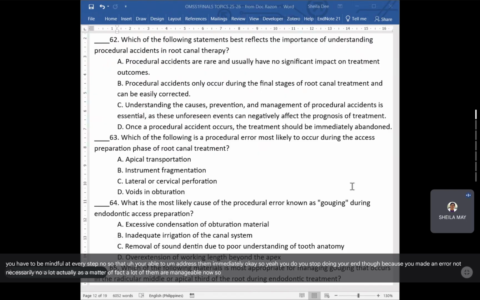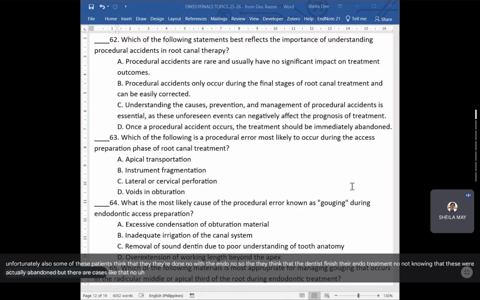As a matter of fact, a lot of them are manageable. So it's really quite saddening to see obviously abandoned endo cases. Unfortunately, some of these patients think that they're done with the endo, that the dentist finished their endo treatment, not knowing that these were actually abandoned. There are cases like that.